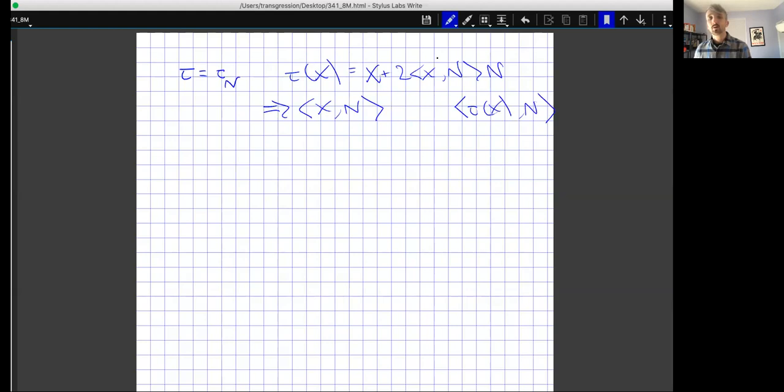I would just plug this formula in, and we would learn that one is the negative of the other. So that tells us that tau interchanges both U and V.